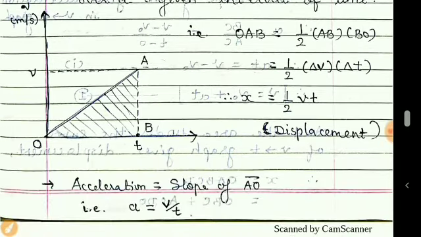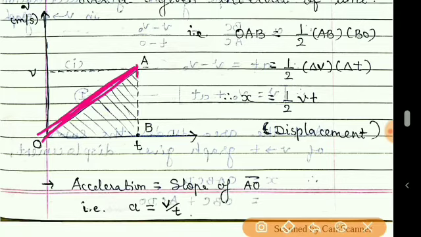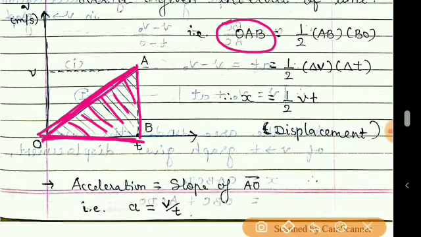Students, remember, the slope of the graph will give us acceleration, but the area under the curve, that is under this graph, with time will give us displacement. That means the area of this triangle OAB will give you displacement x.